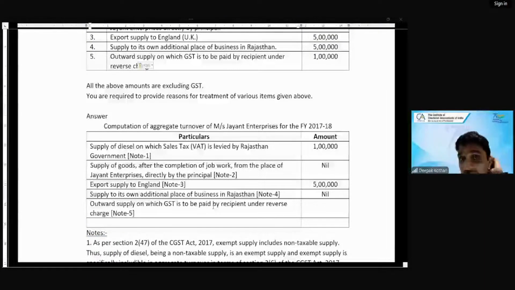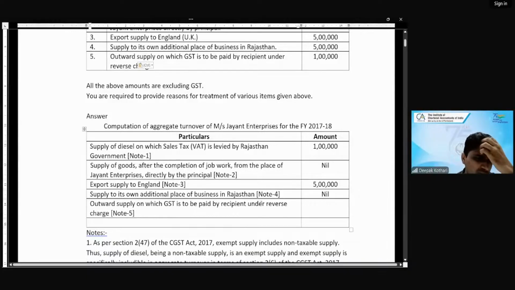So am I a supplier here? Not includable because it's inward, Pooja is saying. Yes, included as only inward supply under RCM are excluded. Very nice, Ishan. Yes, included.